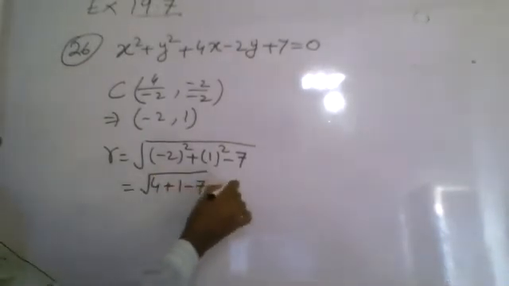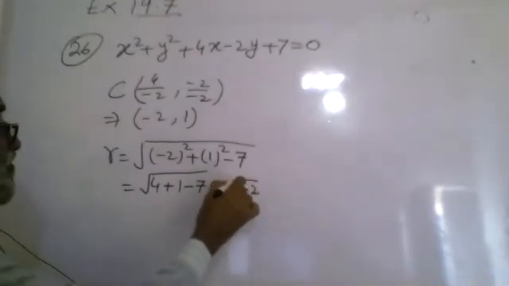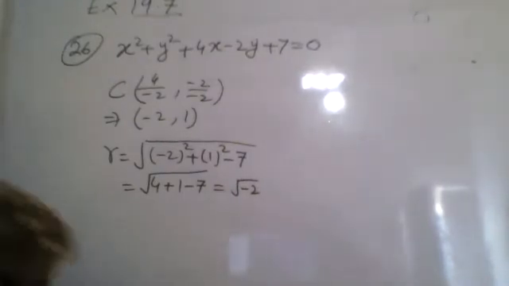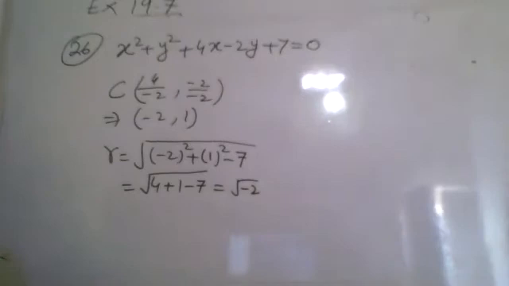The answer is under root minus 2. So this is an imaginary number. R is under root minus 2. When under the root is a negative number, that is an imaginary number.